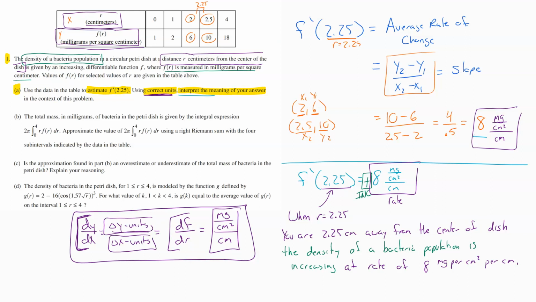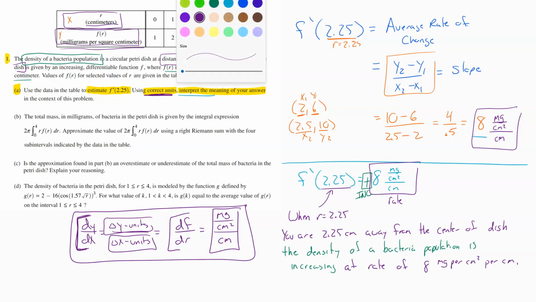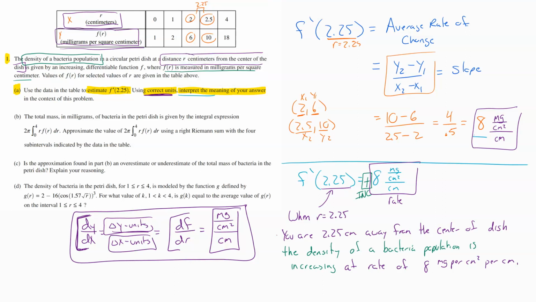When you go to interpret it, you always want to say, when my x is doing this, the y value is, and then increasing or decreasing. And then this is your rate. Your derivative piece would be right here.